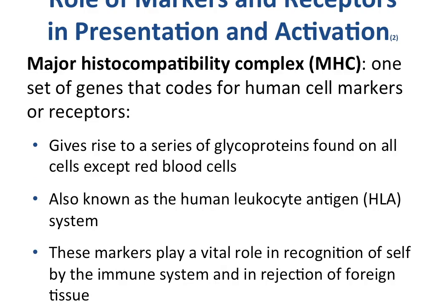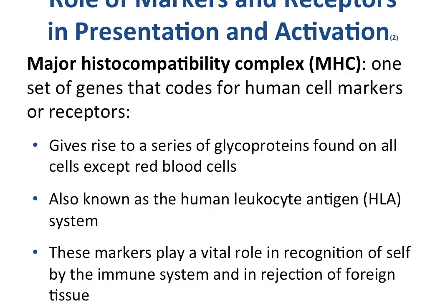Let's talk about the first important marker, the major histocompatibility complex (MHC). This is a cluster of genes that code for these markers. These markers are a series of glycoproteins found on all cells except red blood cells.